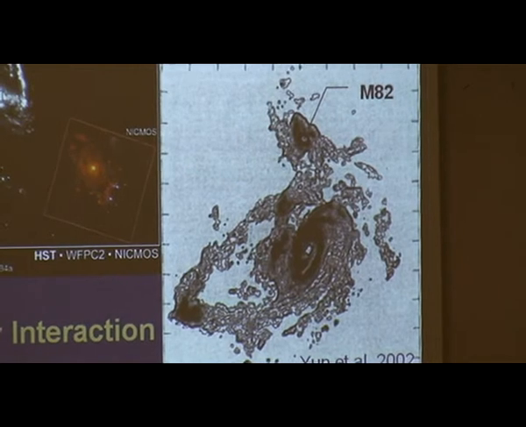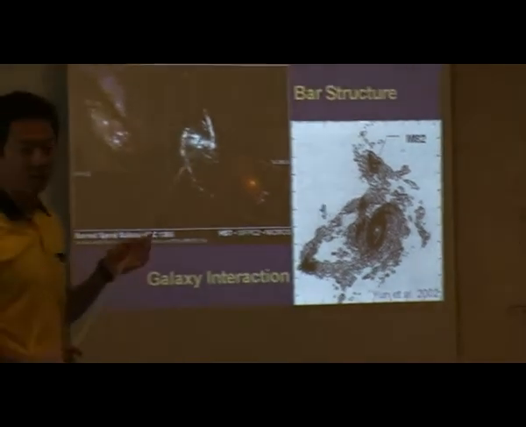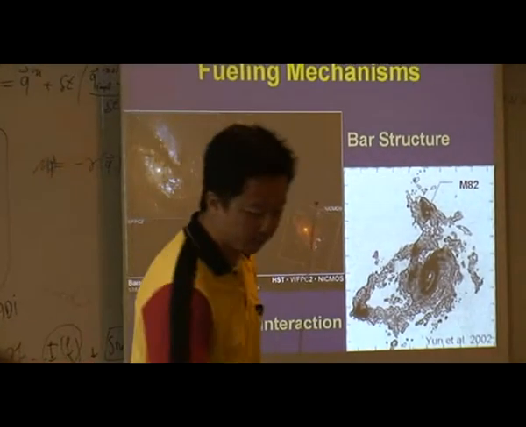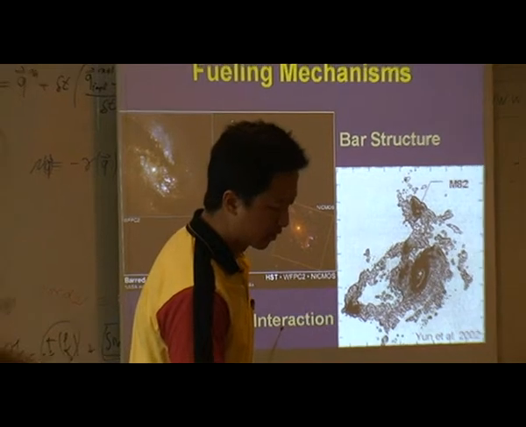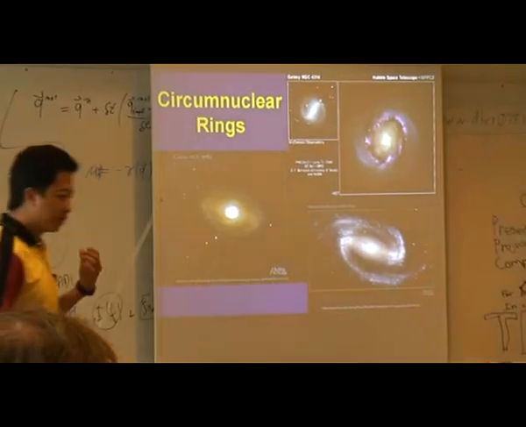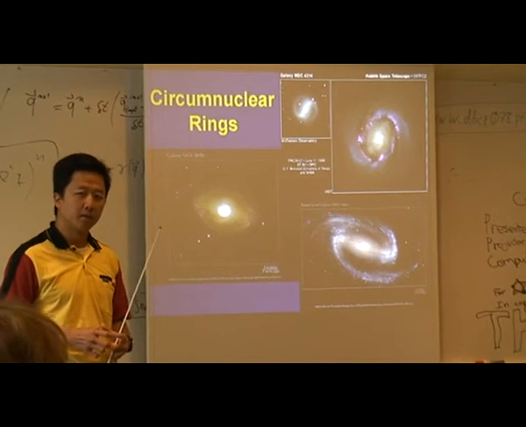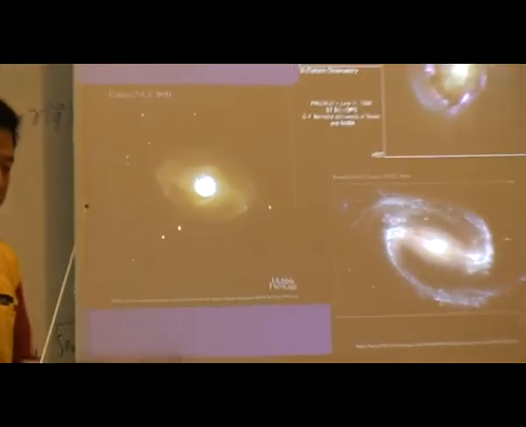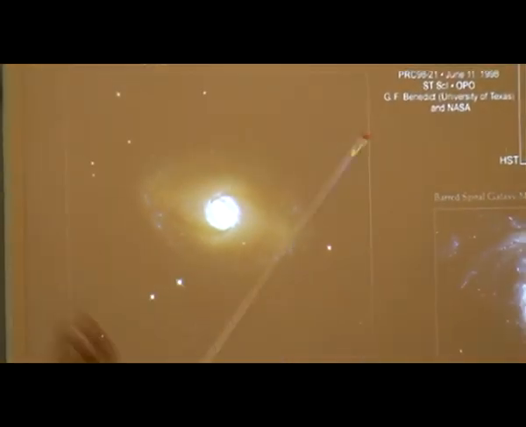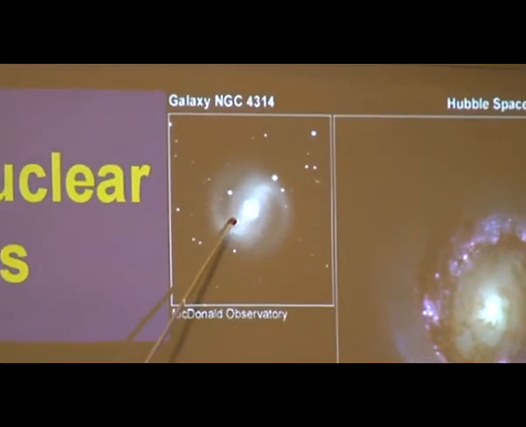But today I'm going to only focus on bar galaxies, how a bar can fuel the central activity. Another interesting phenomenon observed is that there are many circumnuclear rings in spiral galaxies. These are three examples, and this is a bar galaxy with a nuclear ring.